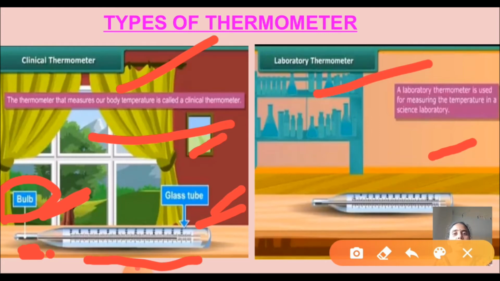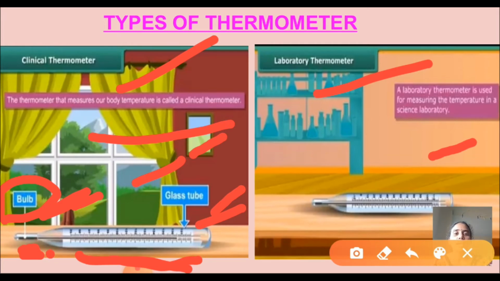With the clinical thermometer we measure the temperature of animals and humans. It is a long, narrow glass tube with a bulb at one end filled with mercury. The clinical thermometer reads the temperature from 95 degrees Fahrenheit to 107.6 degrees Fahrenheit, and the normal temperature of the human body is 98.6 degrees Fahrenheit.